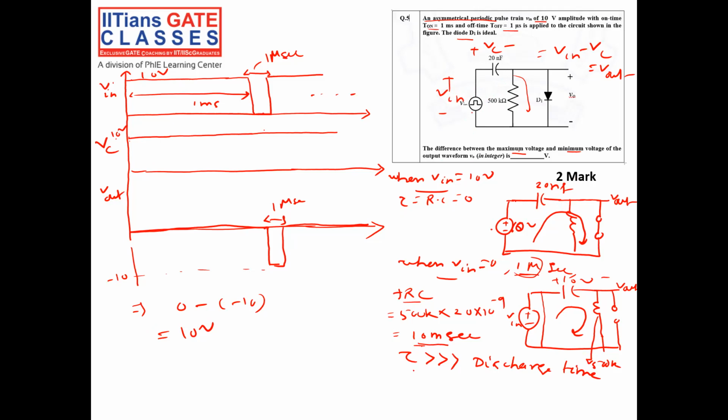The discharge time constant is far more than the discharge time, so the capacitor voltage stays at 10 volt. Now we plot V in minus Vc as the output. We get a pulse of negative 10 volt for only 1 microsecond. So the answer is 10 volt.